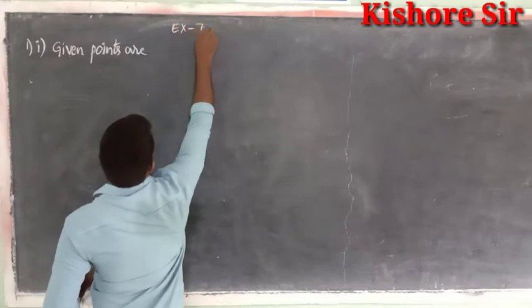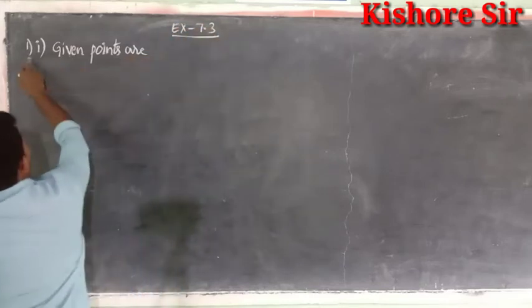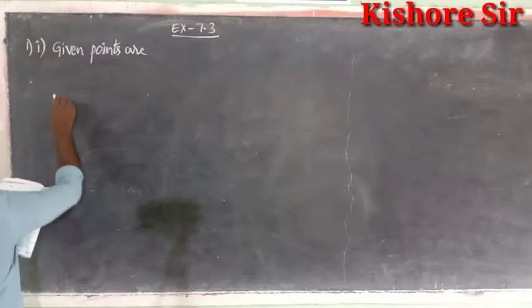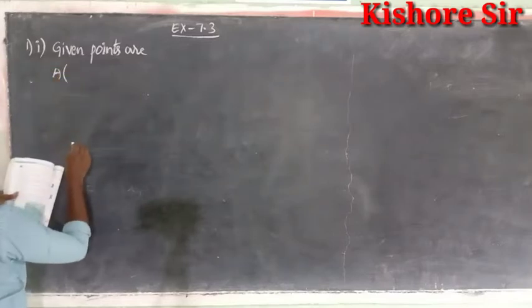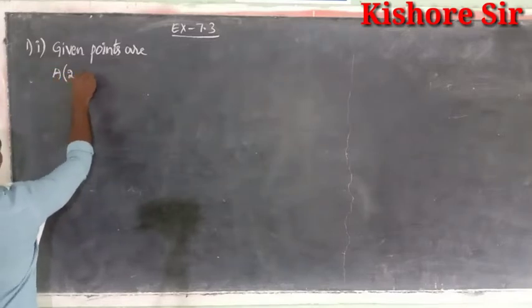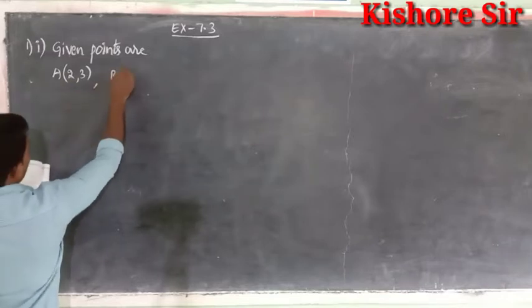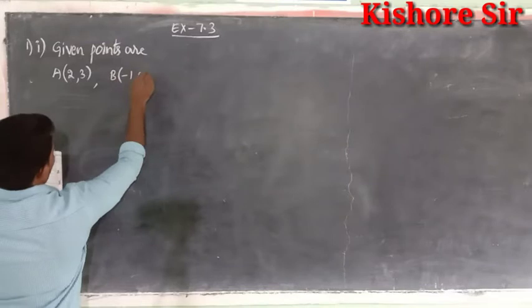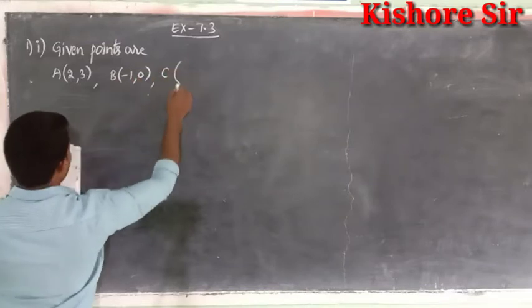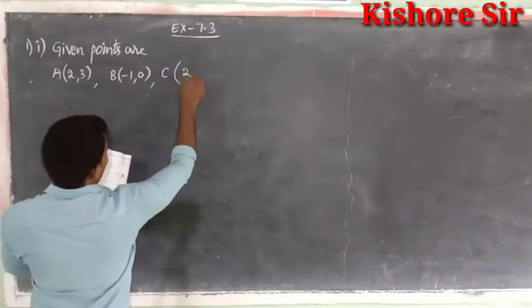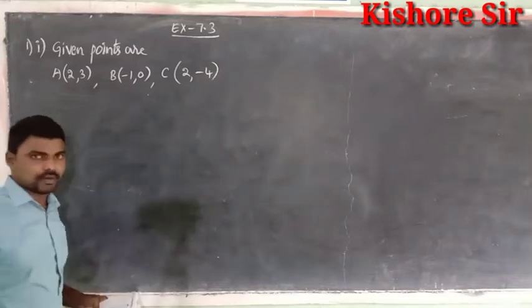Exercise 7.3. First problem. Given points are, let me take first point as A, 2 comma 3, B minus 1 comma 0 and final point you can take it as C, 2 comma minus 4.